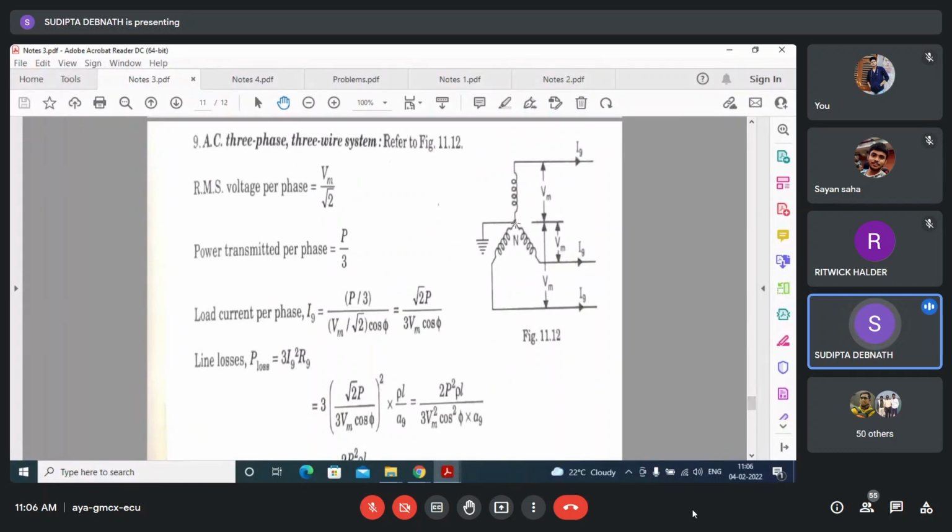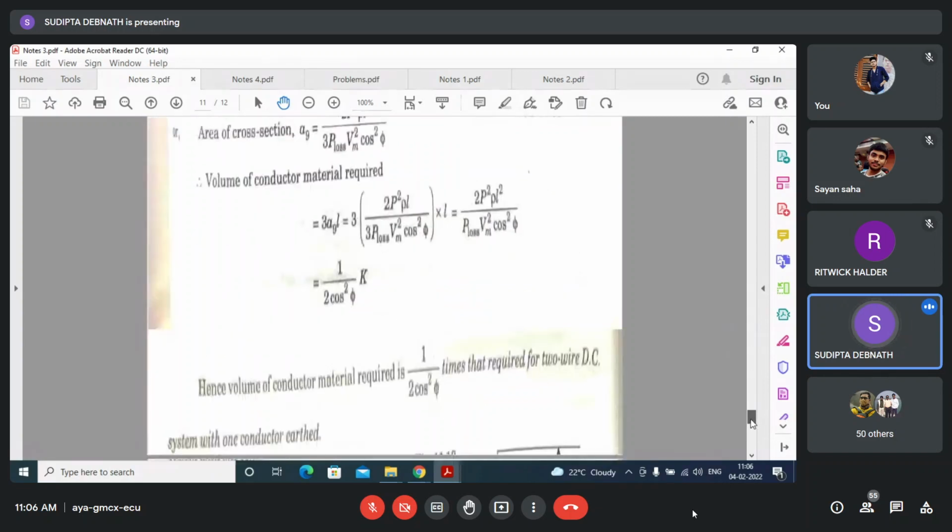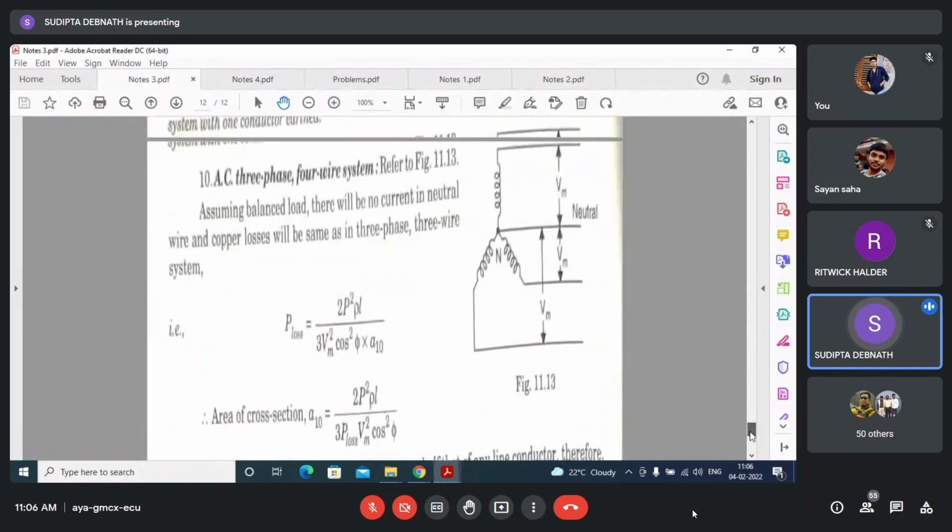And three-phase four-wire is also simple. In three-phase four-wire, this fourth wire will be available, but the rest remains the same, because in the neutral wire, under balanced condition, no current will flow. And we have seen earlier, if the neutral current is 0 under balanced condition, then the cross-sectional area of the neutral conductor is considered to be half of the outer conductor.